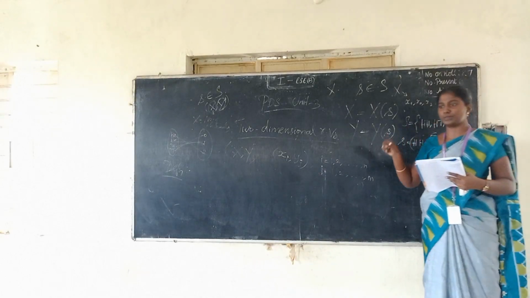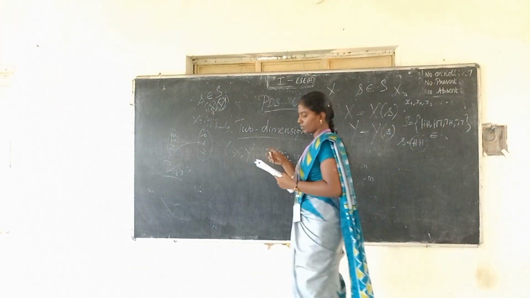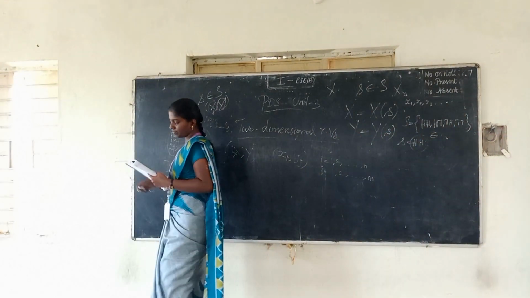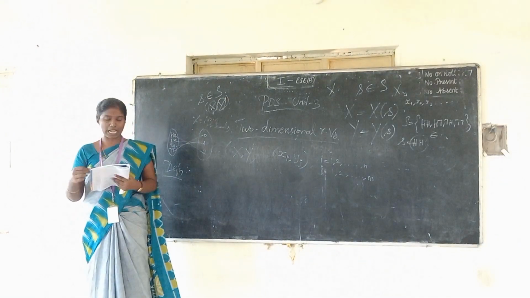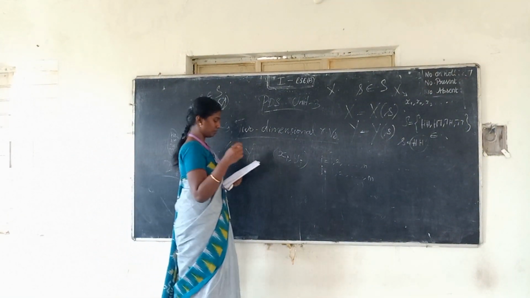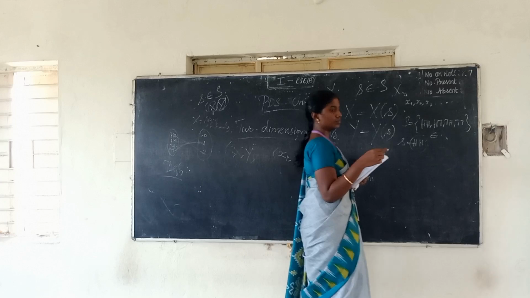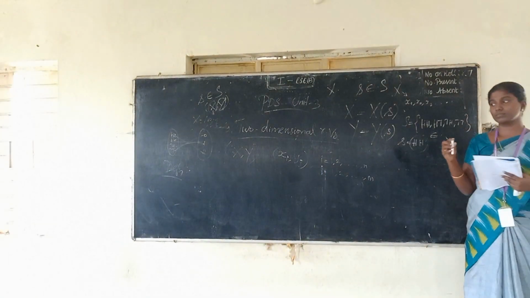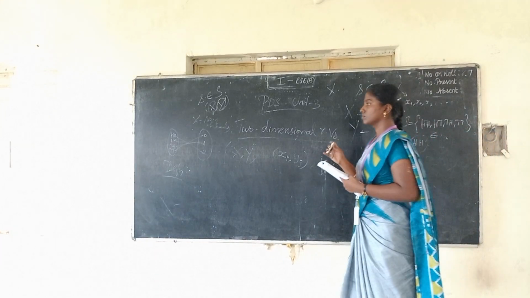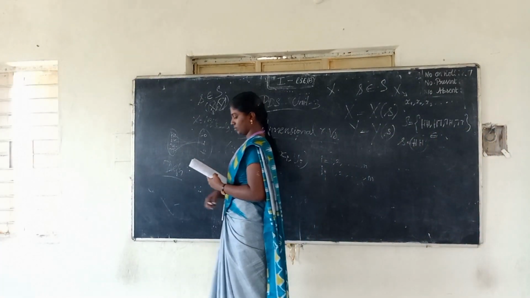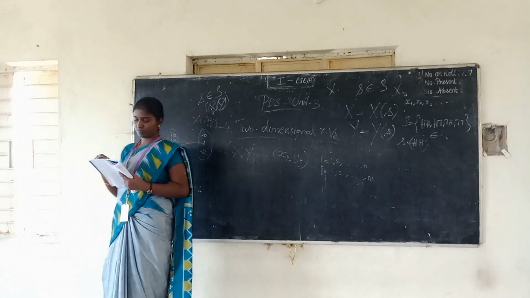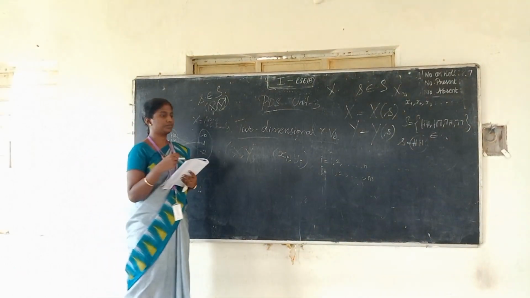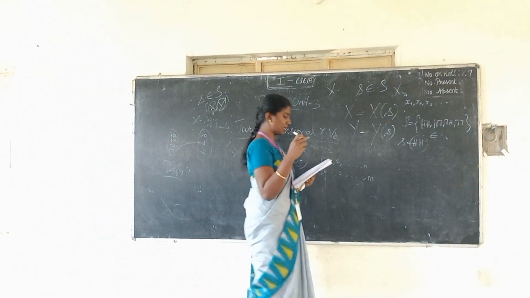Topic of the definition: two-dimensional continuous random variables. Okay, write down the definition.